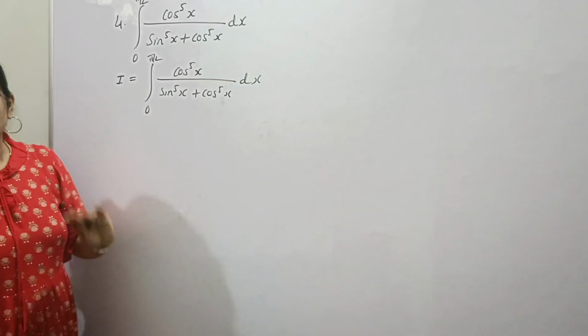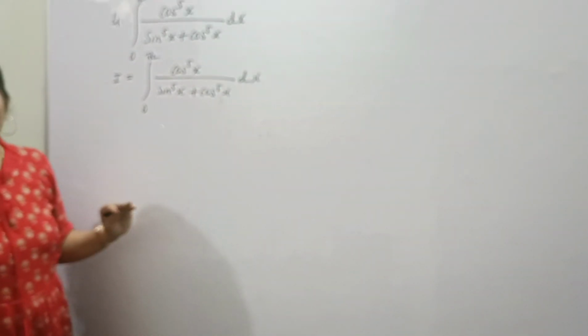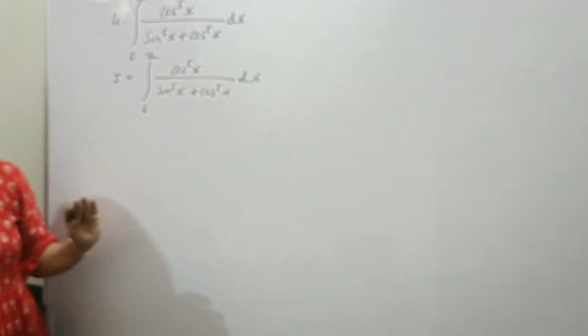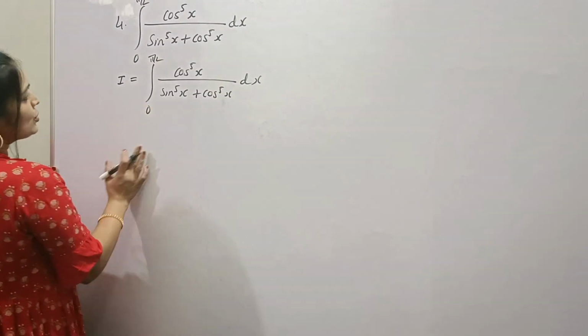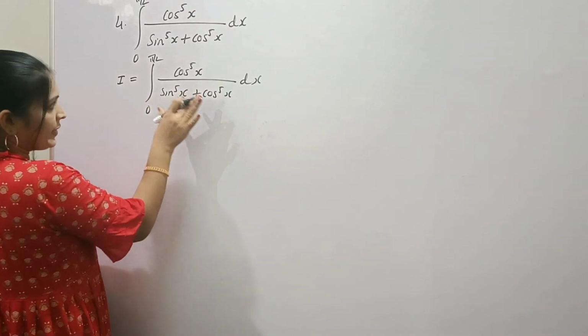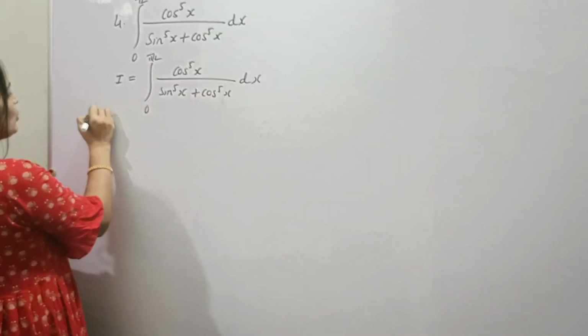So this property is very important: integral 0 to a f of x dx is equal to integral 0 to a f of a minus x dx.